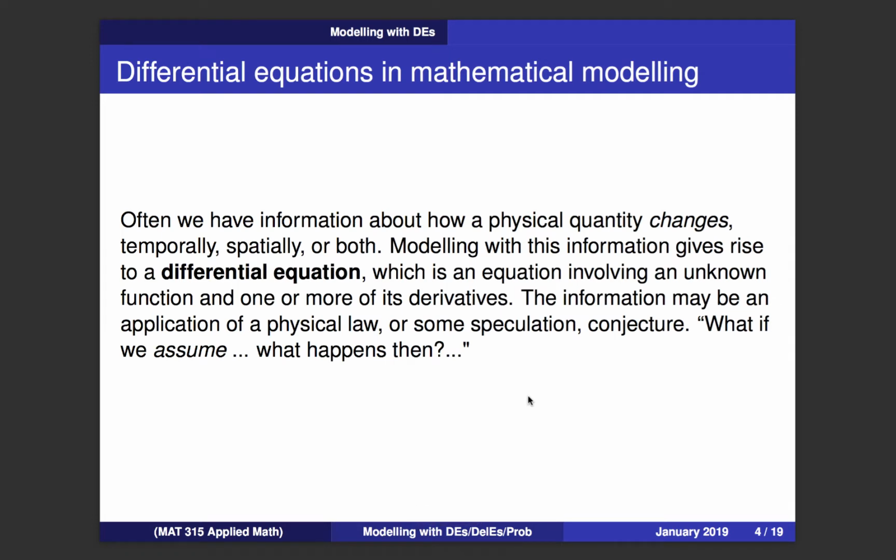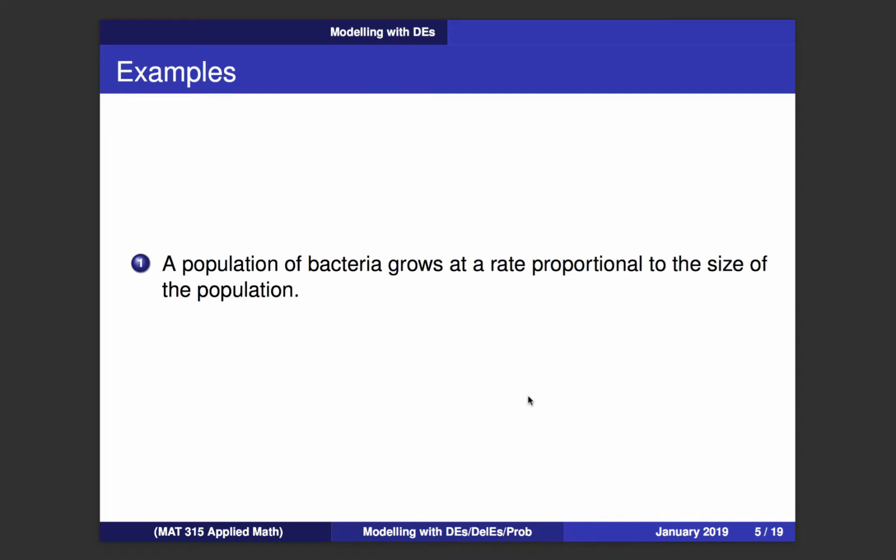So differential equations again involve derivatives. If we know something about how a function is changing, we know that a derivative is a rate of change. If we have information about that, we might be able to get a handle on the function itself. Simplistic model here that governs bank interest as well as other things.